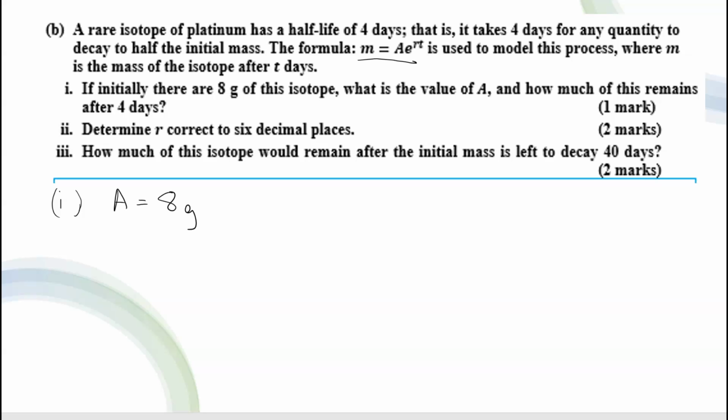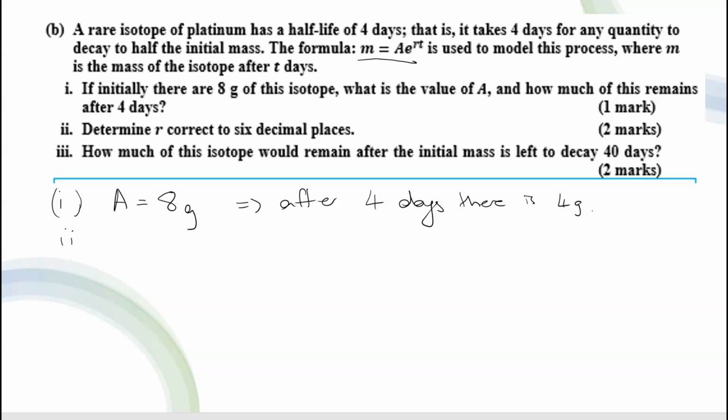And then it tells you that it takes 4 days for any quantity to decay to half the initial mass. So the first question says how much of this remains after 4 days. So after 4 days, there's 4 grams.